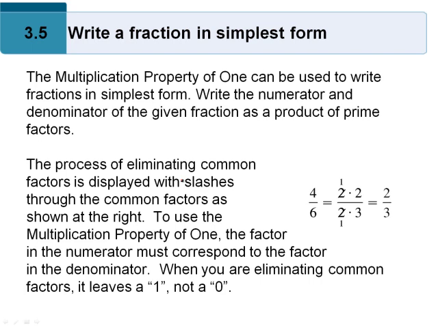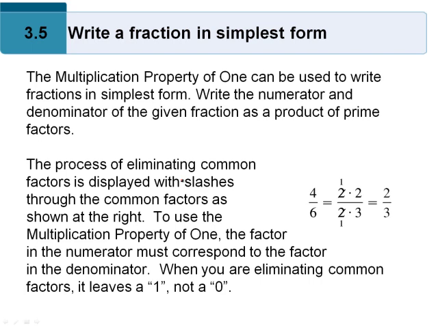And then you cancel any corresponding or common factors. The 2's are the same top and bottom, so if we divide or cancel those out, what it leaves is a 1, not a 0. Okay, so you eliminate those common factors and then you multiply what's left. 1 times 2 on top is 2, and 1 times 3 in the denominator leaves 3, so you get 2/3.